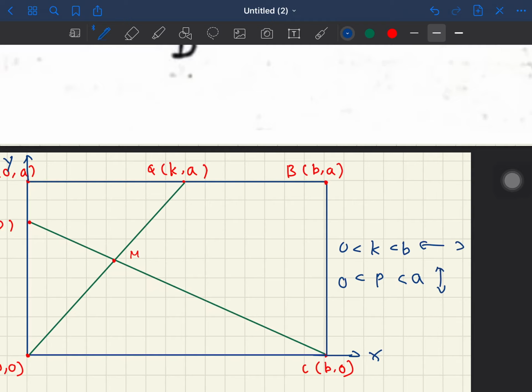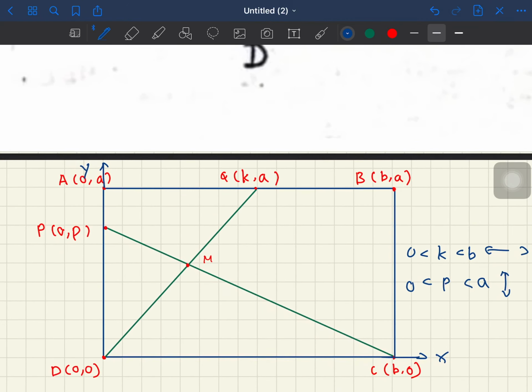So we're going to use the concept of point of intersection to find M. Notice that we have line PC intersecting with line DQ. So we're going to find the equation of the straight line PC and also DQ.